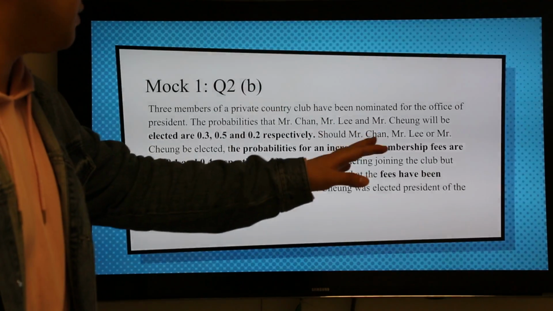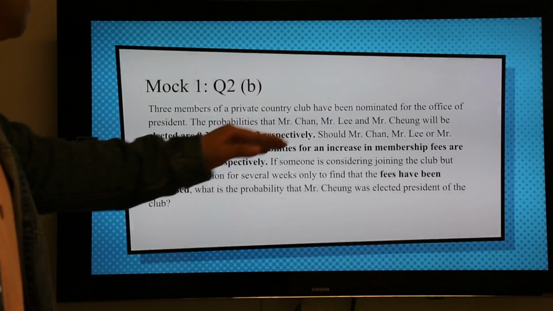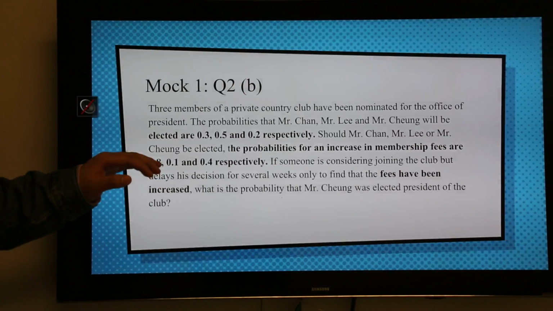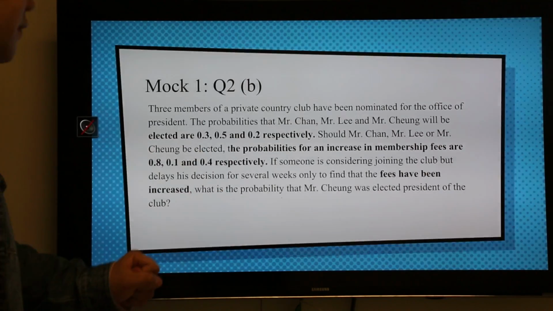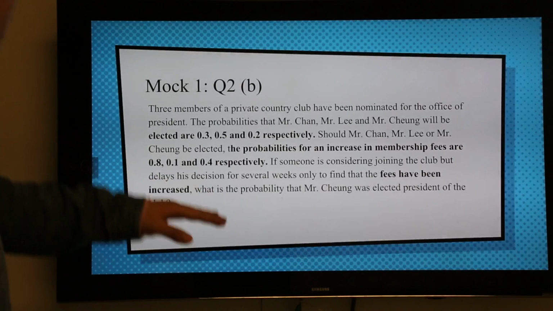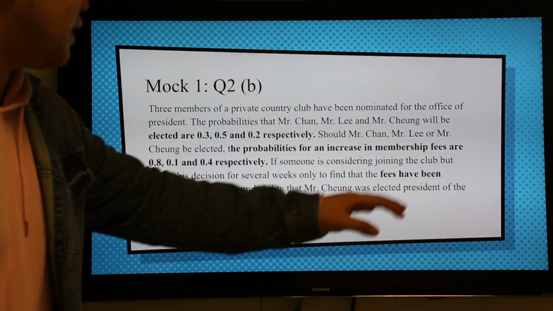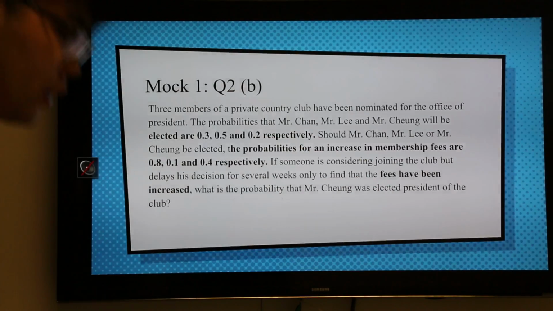And if Mr. Chen, Mr. Lee, Mr. Chen are elected, the probability for an increase in membership fee is 0.8, 0.1 and 0.4 respectively. The question asks us to calculate the probability that Mr. Chen was elected president of their club when their membership fee has been increased.